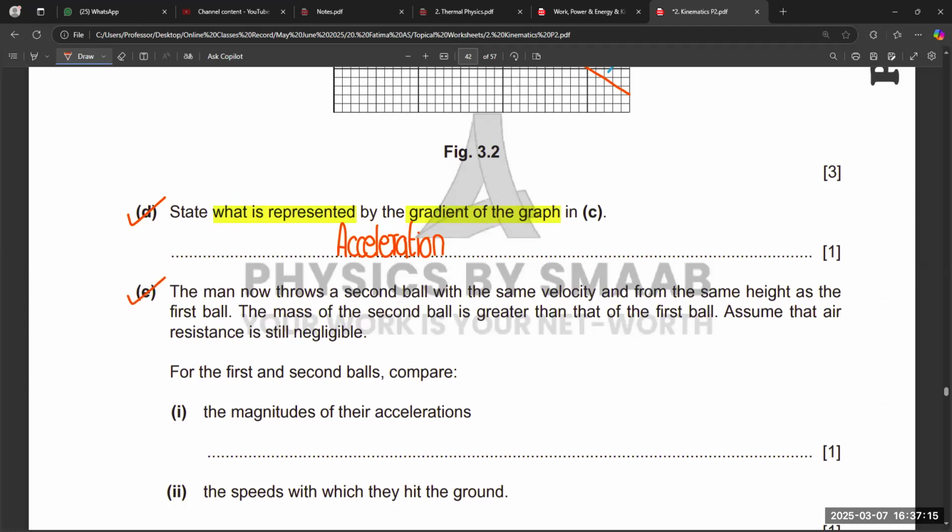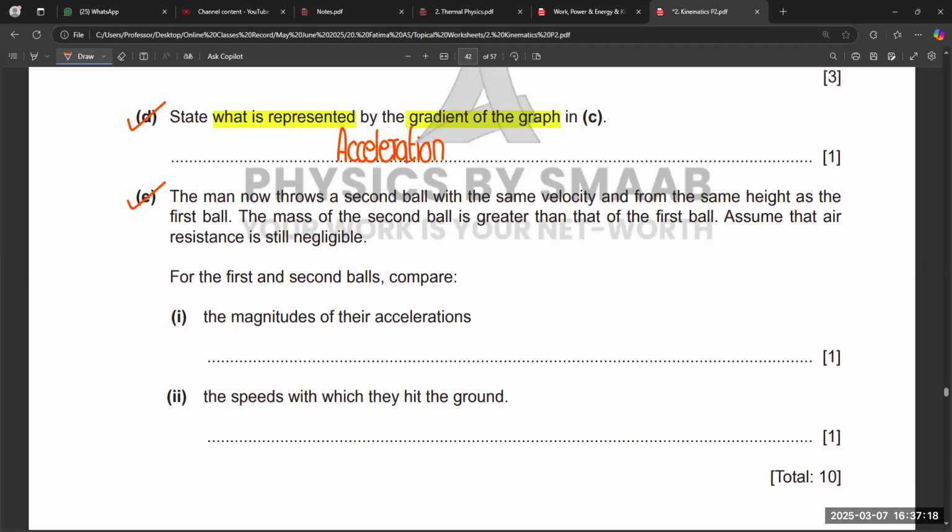In E part of the question, the man now throws a second ball with the same velocity and from the same height as the first ball. And the mass of the second ball is greater than the first ball.